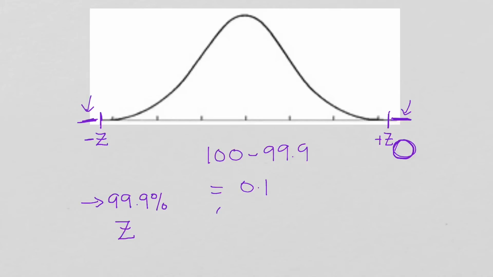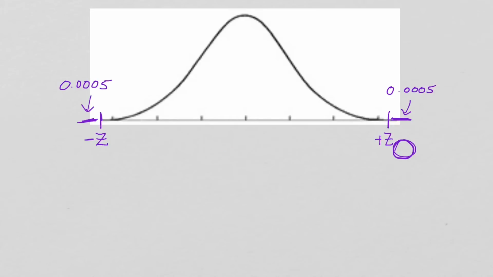So I divide that by 2, and that gives me 0.05. And remember, this is a percent, 0.05%. So 0.05% as a decimal is 0.0005. All right, so let me make some room here.